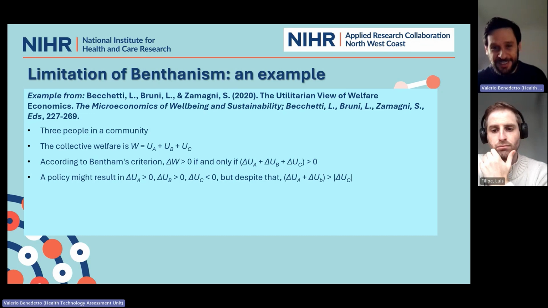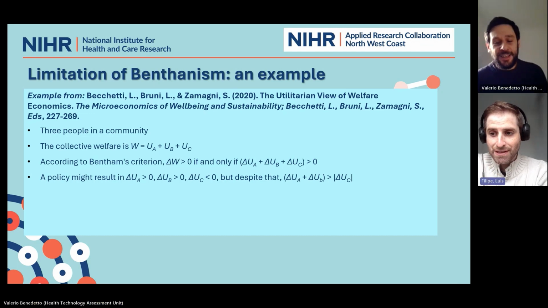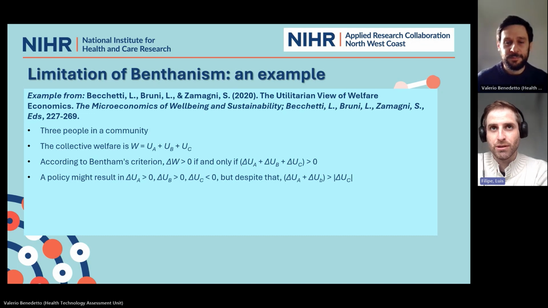Now, Luis, can you see some limitation with this example, with this approach? So I would guess the limitation is around societal preferences. Are you willing to have that person losing that much so that me and you can gain it?